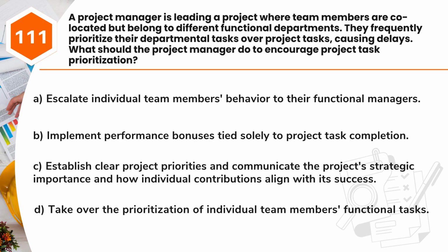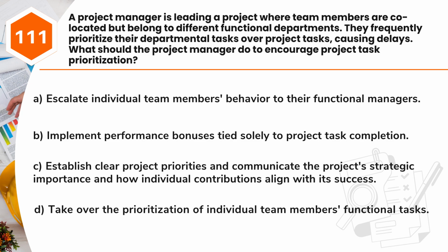Question 111. A project manager is leading a project where team members are co-located but belong to different functional departments. They frequently prioritize their departmental tasks over project tasks, causing delays. What should the project manager do to encourage project task prioritization?